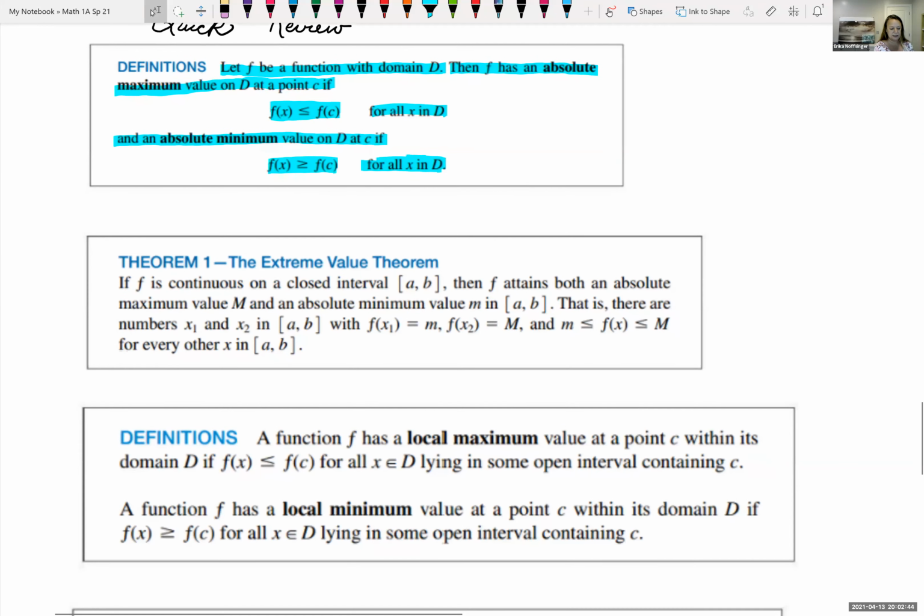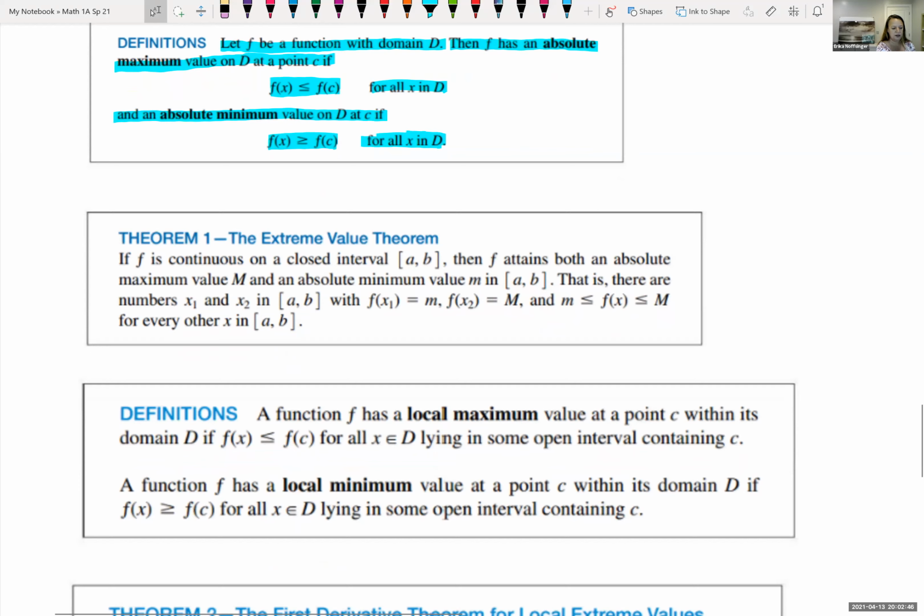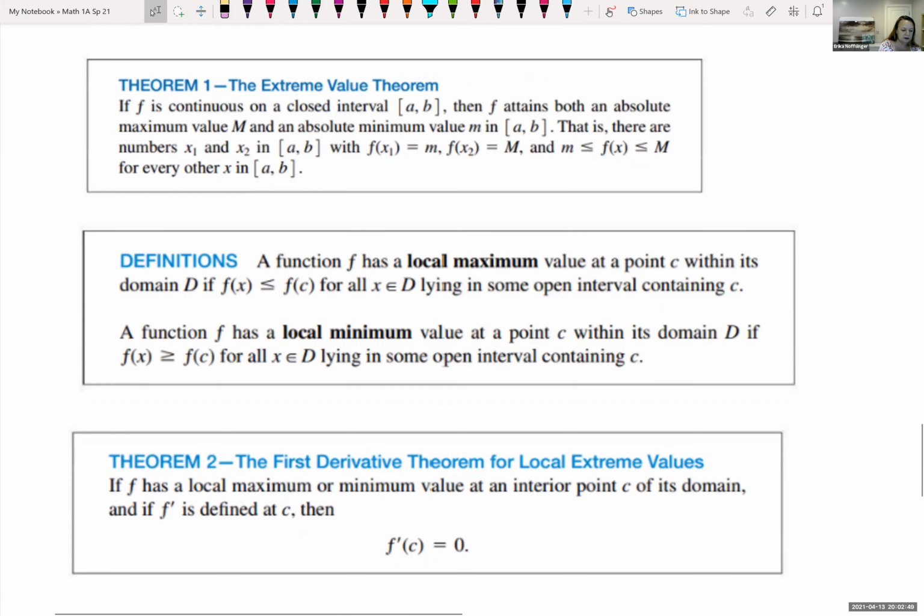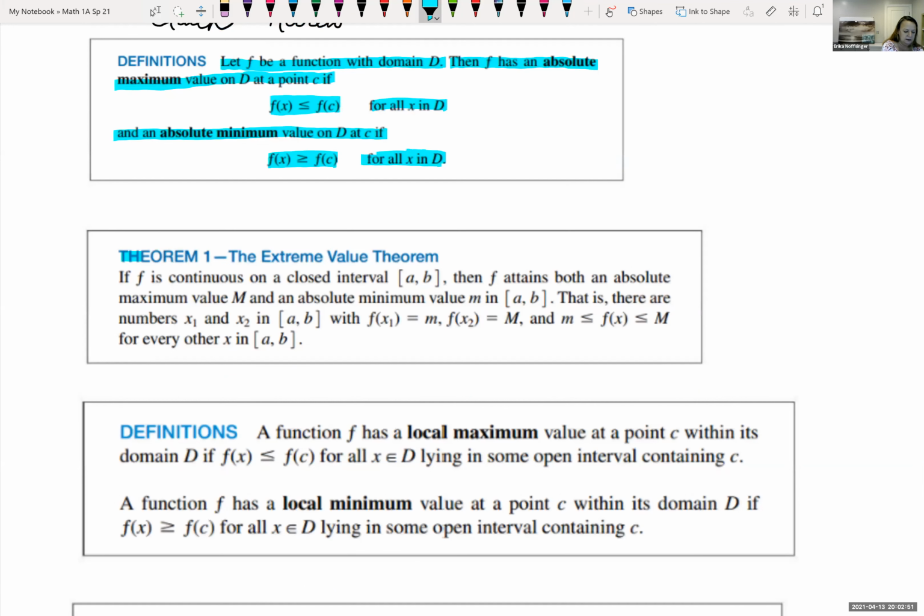And then we looked at the extreme value theorem. They call it Theorem 1 in our book for this chapter, and these conditions must hold when we use this. It says that if f is continuous on a closed interval, that's really important. It has to be a closed interval.